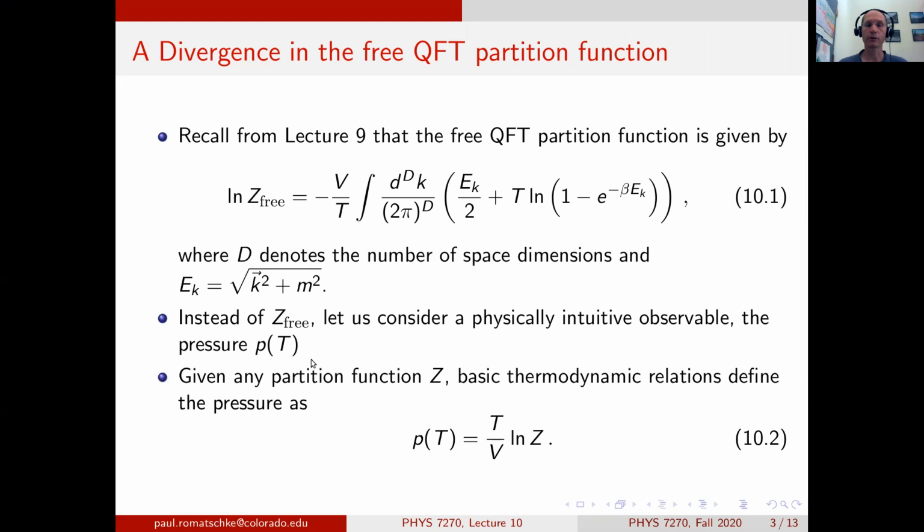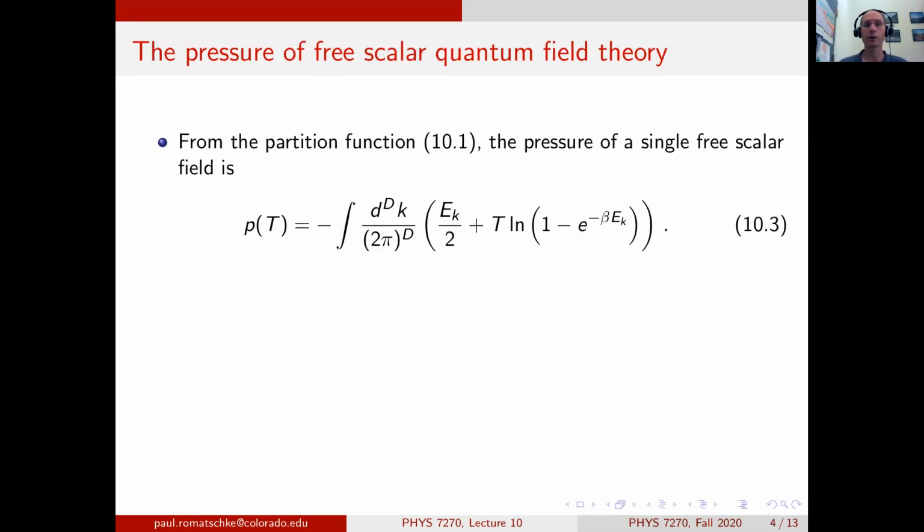For any partition function Z, there's a basic thermodynamic relation that gives the pressure as T over the volume V times the logarithm of this partition function. If we apply this thermodynamic relation to the partition function that we calculated in quantum field theory, we find the pressure to be given by this expression here that's shown in equation 10.3.